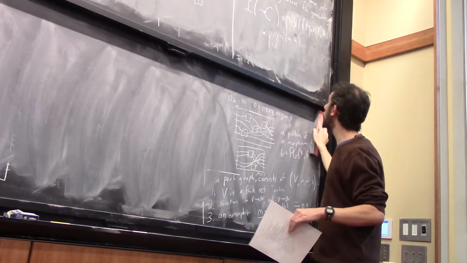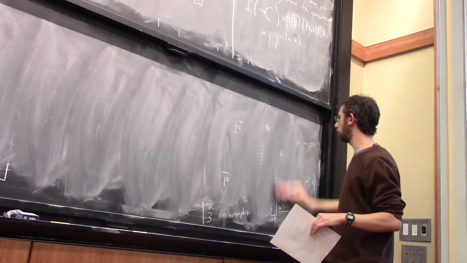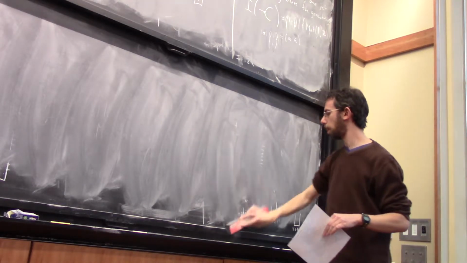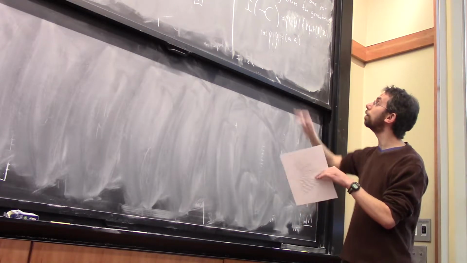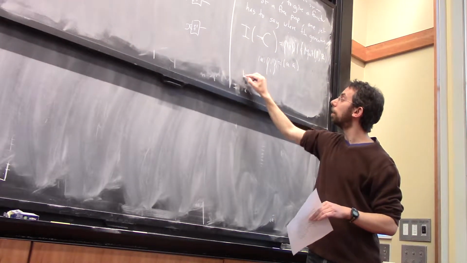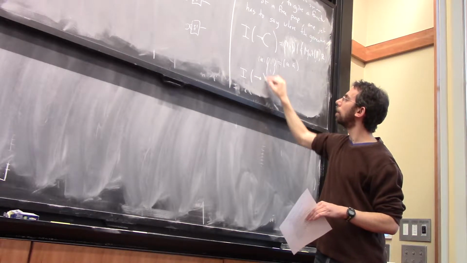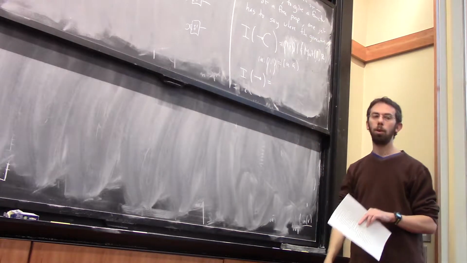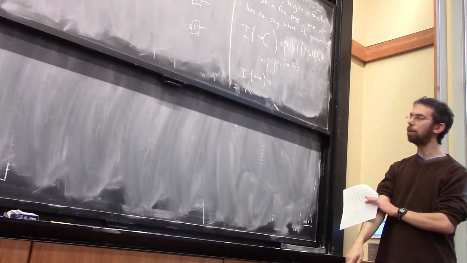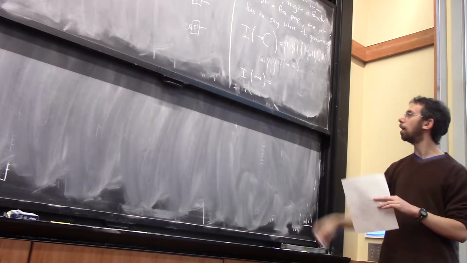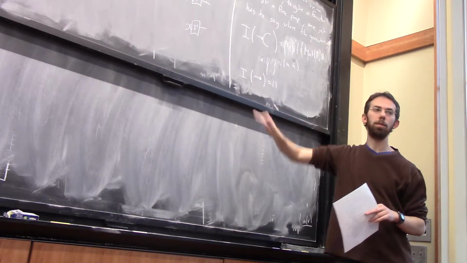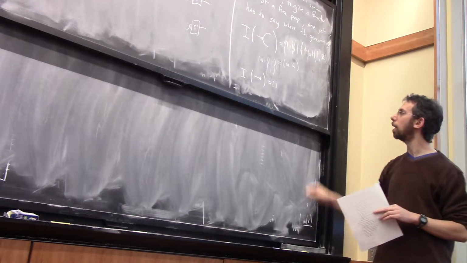Okay. So what is I of this? Well, it's a 1 by 0 matrix, and there's only one of those. It has no entries.